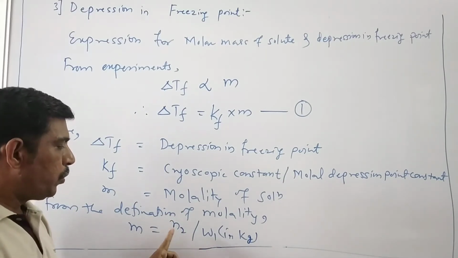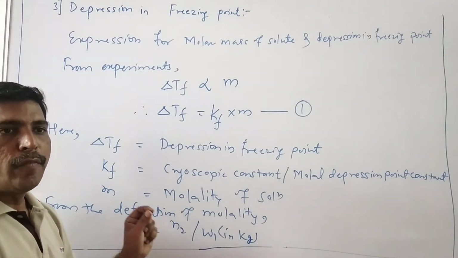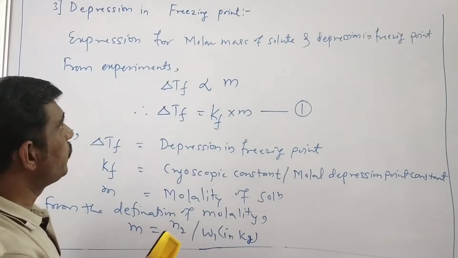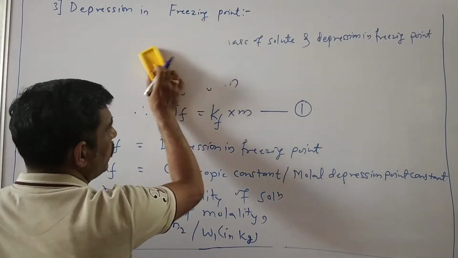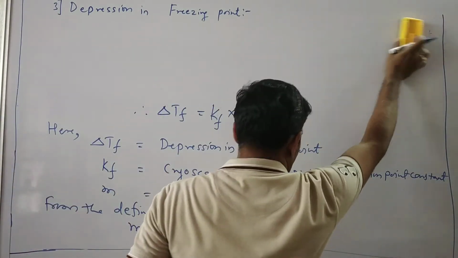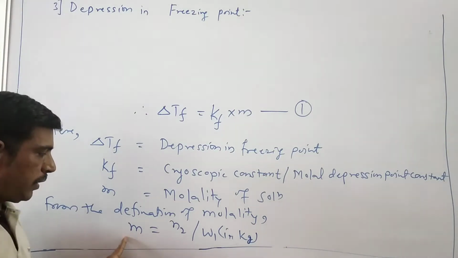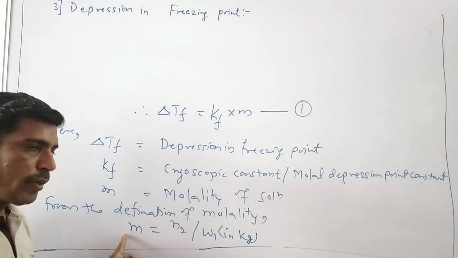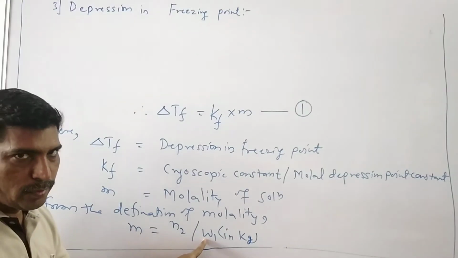And W2, n2, M2, this component 2, we are taking as the solute component. So here we got the expression for molality. We already know this: molality is the number of moles of solute dissolved in 1 kg of solvent.